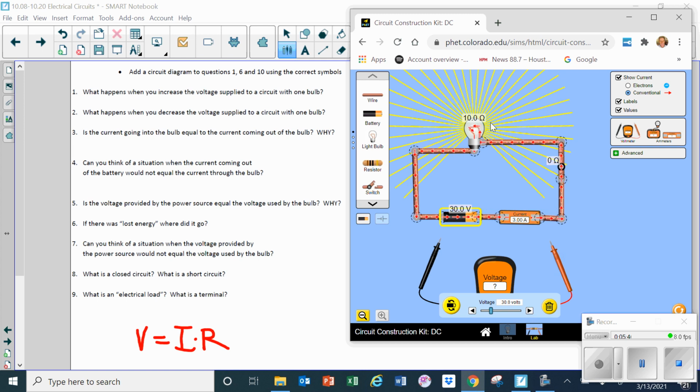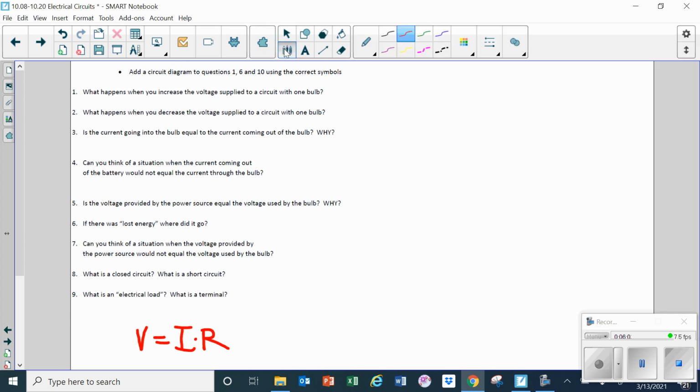Okay, you see the bulb brightens a lot there. Now I've got a 30 volt battery, I've got 3 amps of current going through the circuit, and I've got a really bright bulb. You notice the resistance of the bulb didn't really change. So the answer to this question is the bulb is going to brighten.